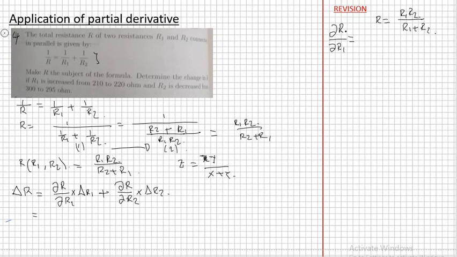For the partial derivative of R with respect to R1, I'm going to need to treat R2 as a constant. So I will actually have to use the division rule of derivative.